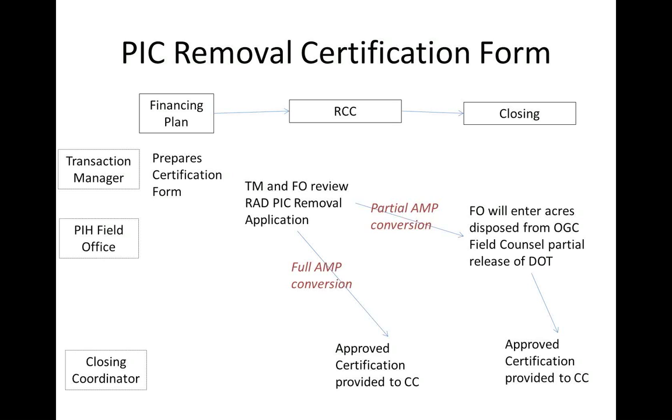In those partial AMP conversions, that often happens a little bit later in the process, closer to the actual closing, and that's why in this graphic I show that it's probably closer to closing that the approved certification form is provided to the closing coordinator.